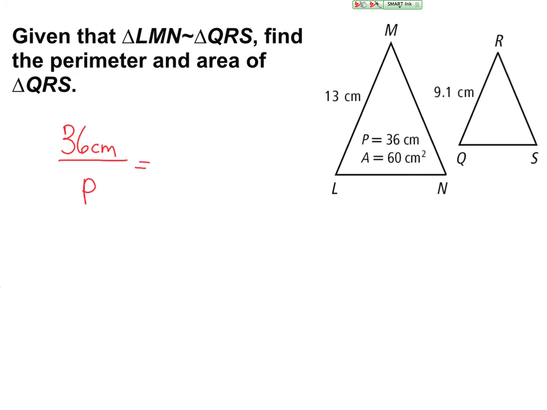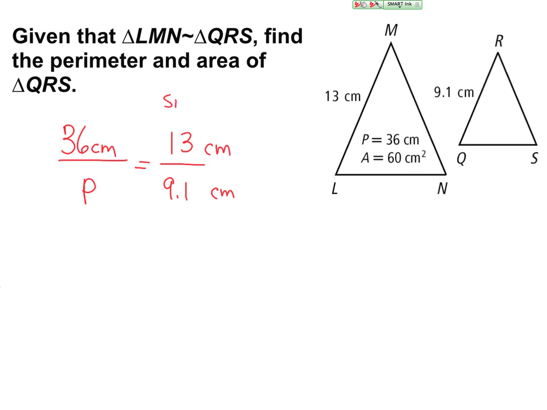What ratio should those perimeters be in? Perimeters change in the same way that the sides do. The ratio of perimeters and the ratio of sides are always the same. So the sides would be in the ratio 13 to 9.1. Where did I get that? I just took the matching side measurements and made a ratio out of it.